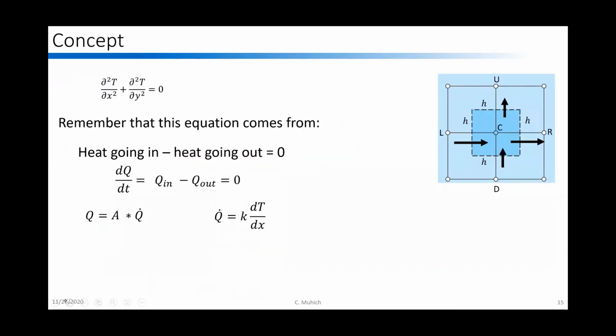Okay, so let's go through the concept. We've touched on this concept, but let's go a little bit deeper. Remember, in the finite difference approximation, we had these nodes that were separated by h. Now I'm going to draw this box evenly around each node.